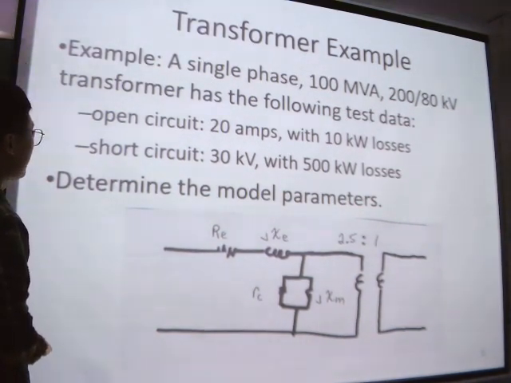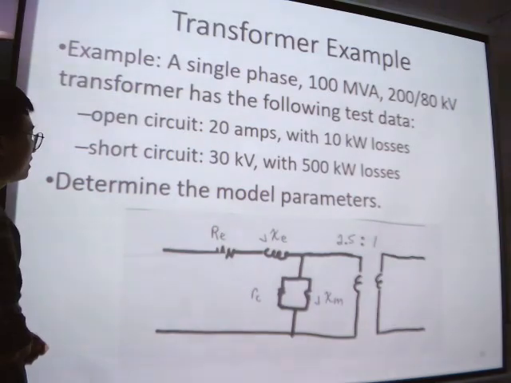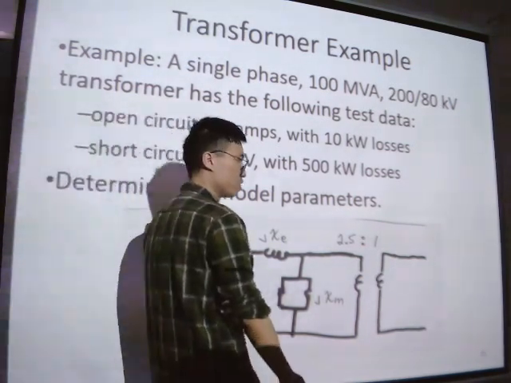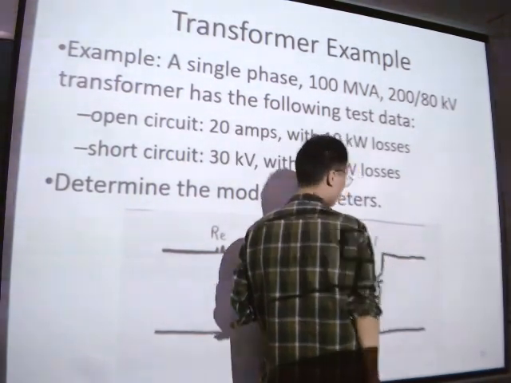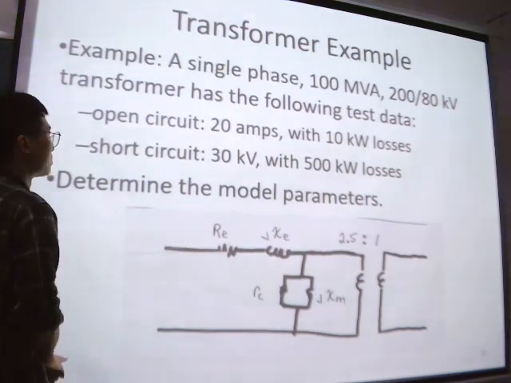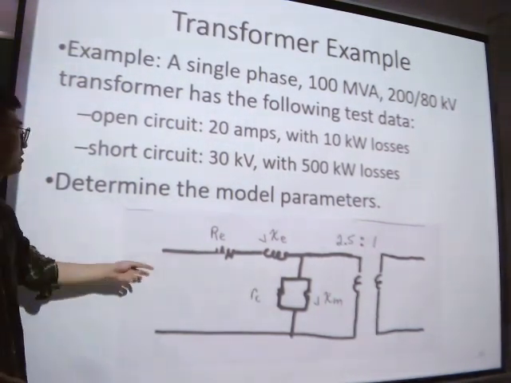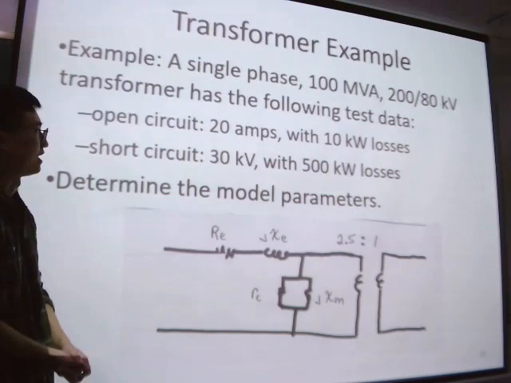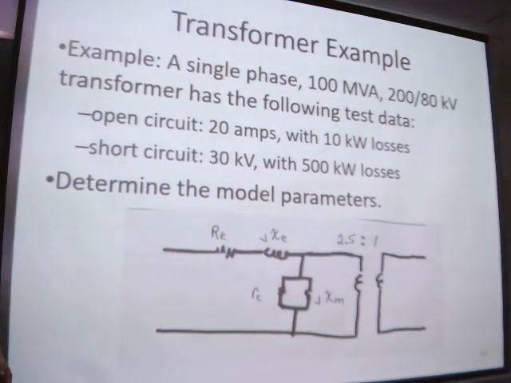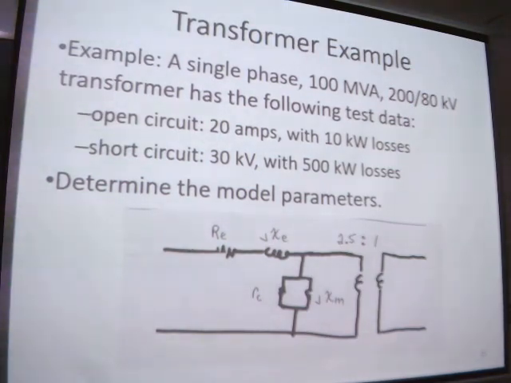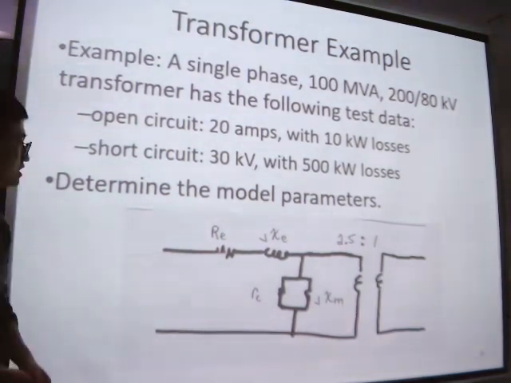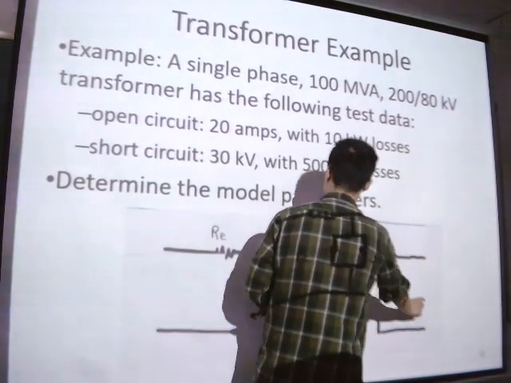So in the following test, in the open circuit, we connect this to the 20 amperes here in the current, with 10 kilowatt losses. And when we short the current, we short this circuit, okay?